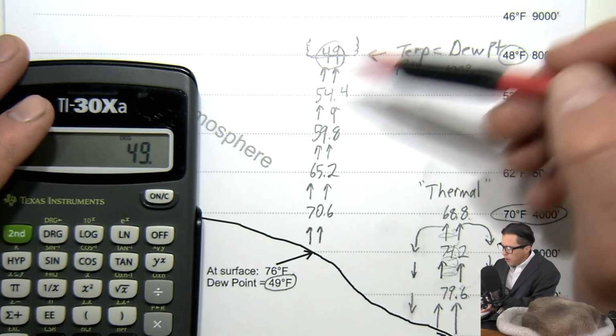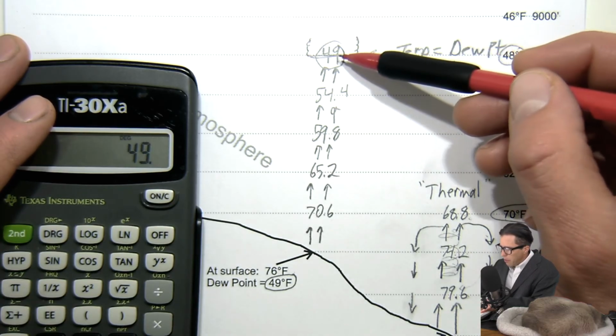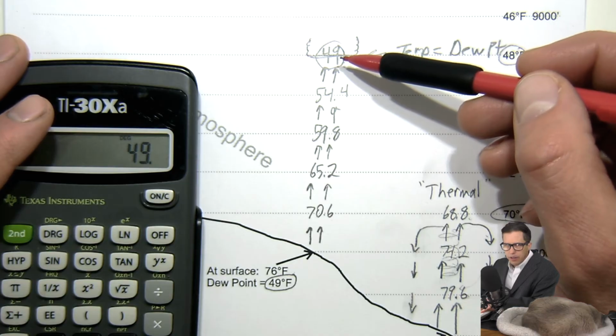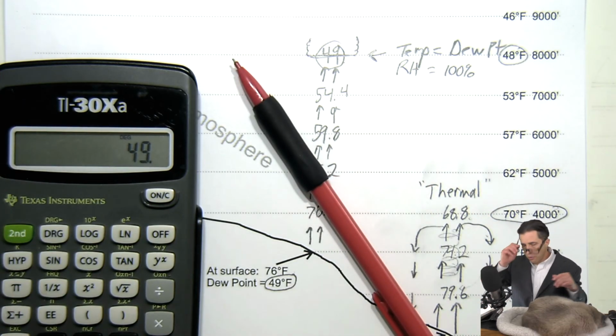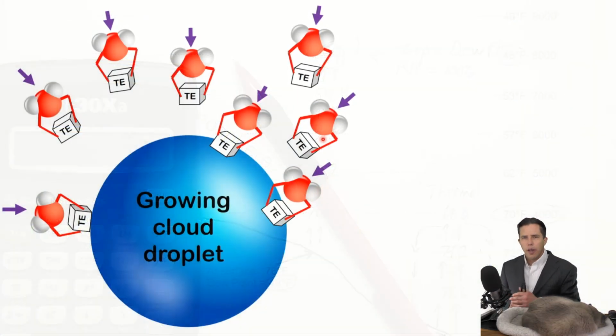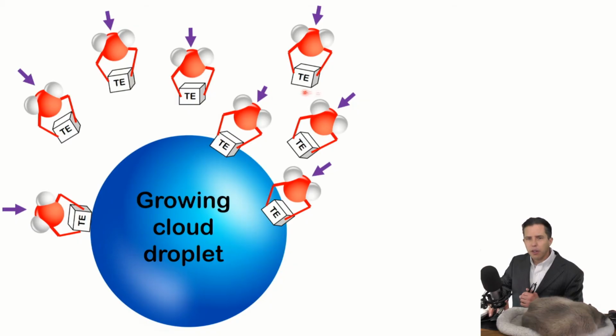Now, before we go to the next step, realize there's actually another thing going on. We talked about this in a previous lecture, where we said that when you hit the dew point and you start making dew, the water molecules not only collect into liquid droplets, but they bring in these little boxes of thermal energy and they release them.